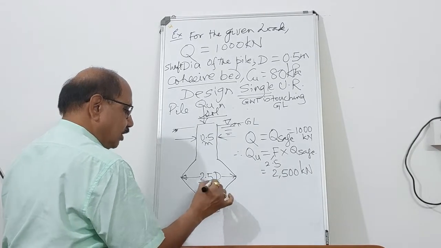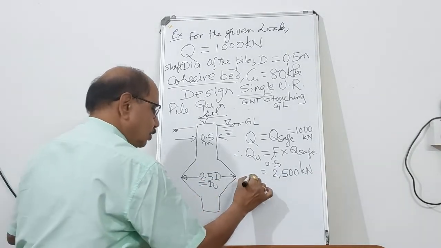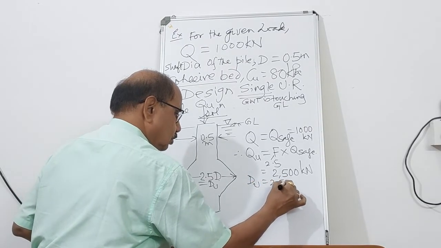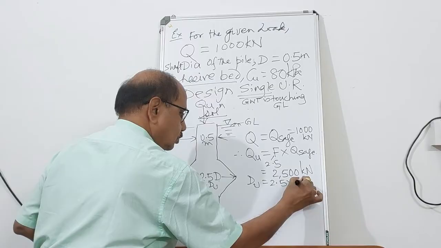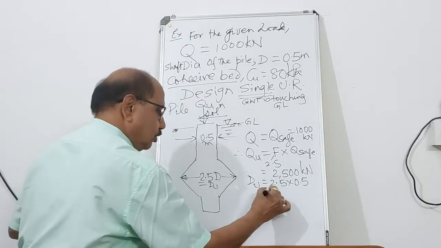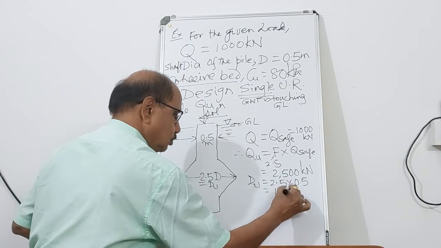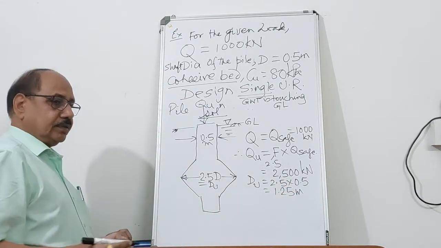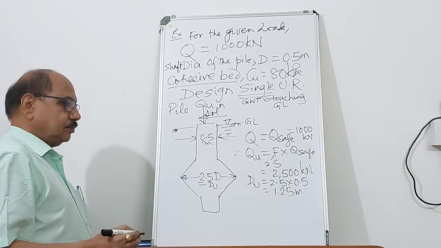This is the diameter of the under-ream. So du equal to 1.25 meter.